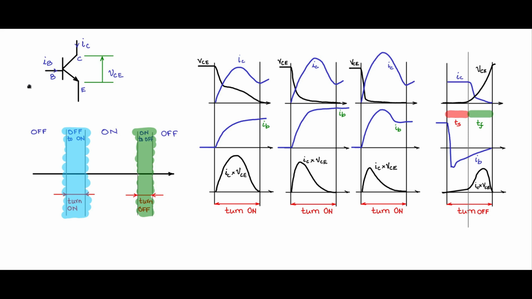Only then can the base charges be removed. So if we give a base drive for the BJT with currents of this shape, then you will be generating a proper base drive for the BJT. Keeping this background in mind, let us design some base drives for the BJT.